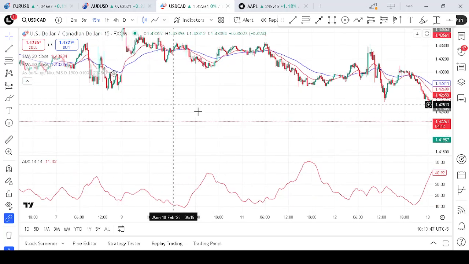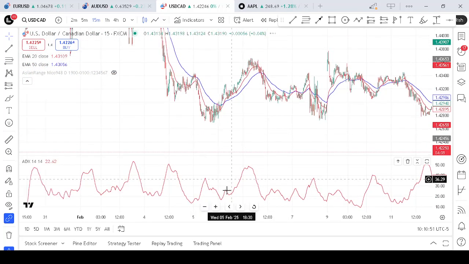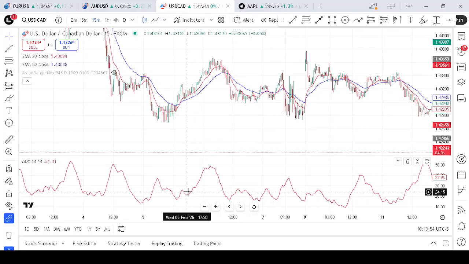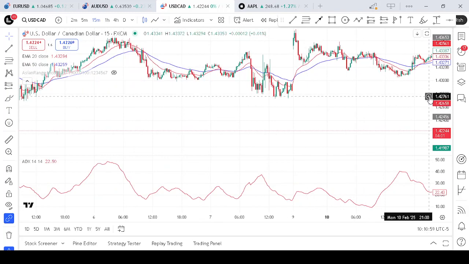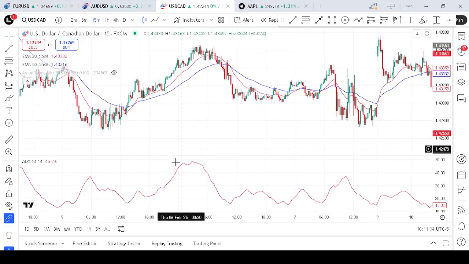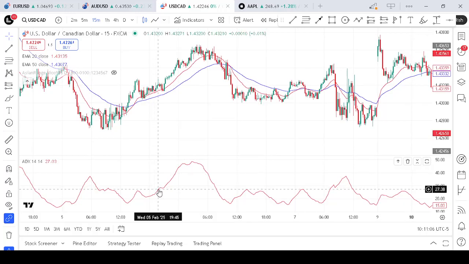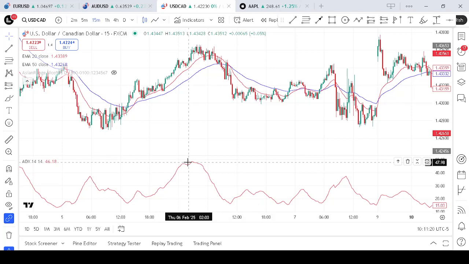Let's look for an uptrend. At this area in price, you can see this is a clear uptrend. Price is trending to the upside. We need to look at the value of the reading on our ADX, and we can see that this reading is above 25, 30, 25, 29. This is the reading of the uptrend we can see there.